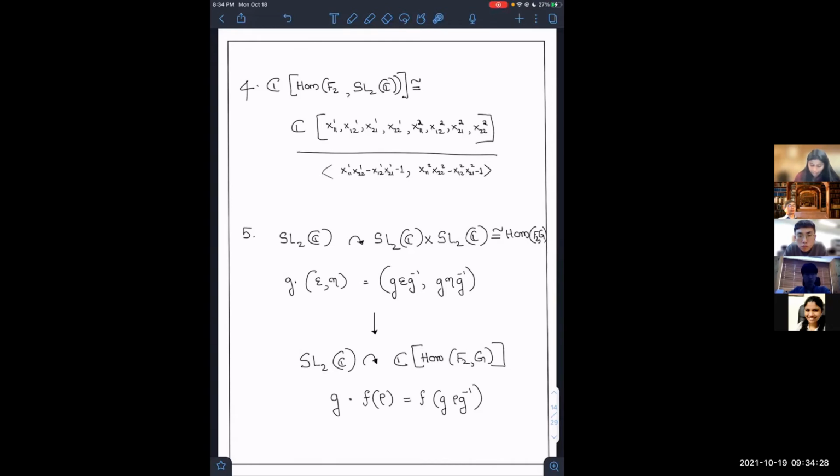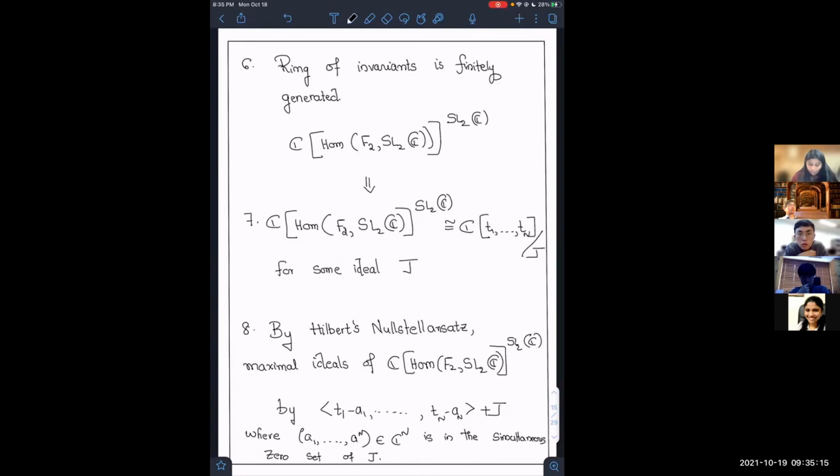And this extends to an action here, which I should write a little more clearly. So G acts on a polynomial f of rho as f of rho(gamma 1), G inverse, and G rho(gamma 2), G inverse. There is a plus I here; I'm just not writing the I, but it's there. When I say f, I mean f plus I.